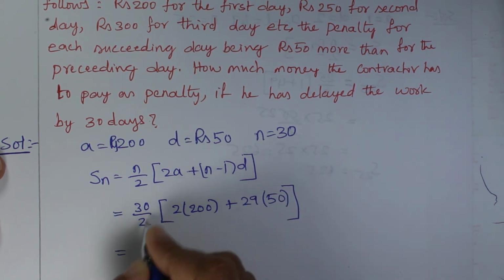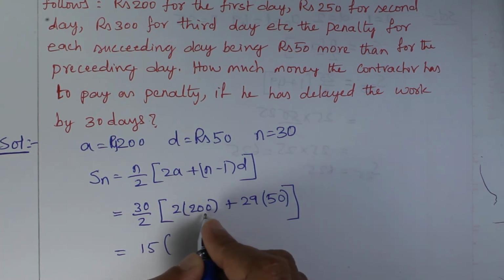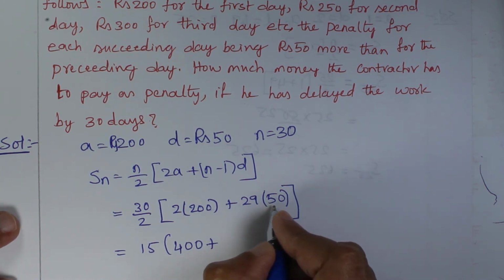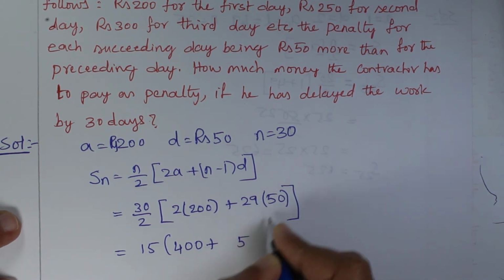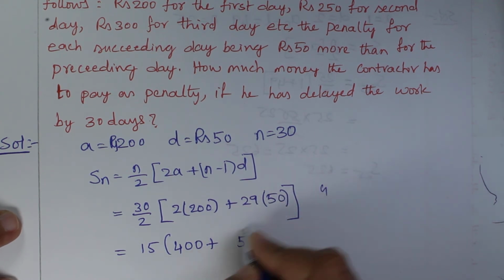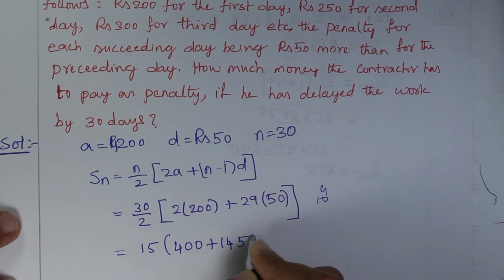That is equal to 30 by 2, which becomes 15, into 200 2s are 400 plus 29 into 50. 5 9s are 45, 5 2s are 10, 14, 1450.